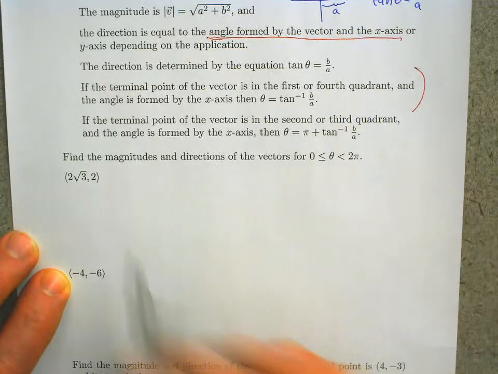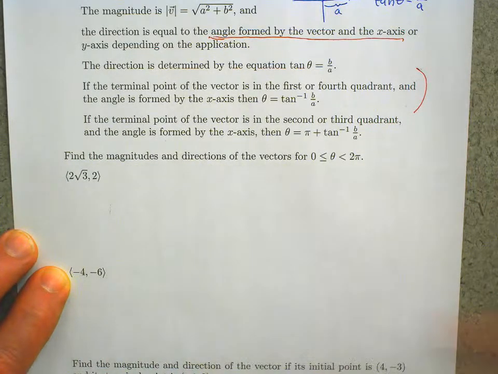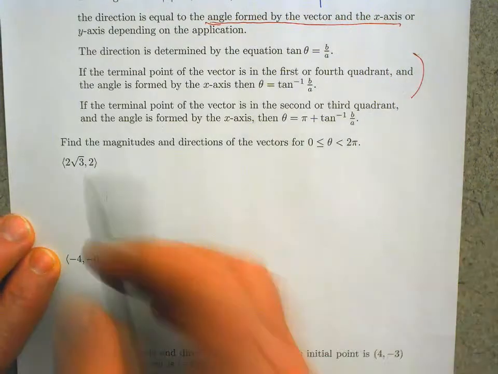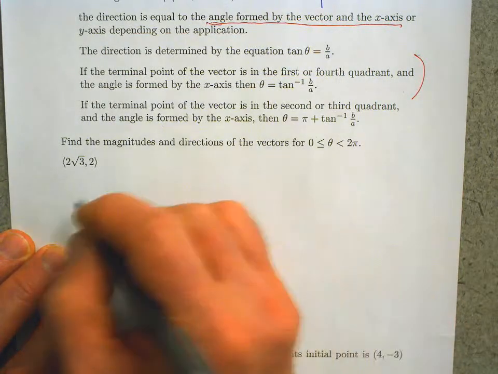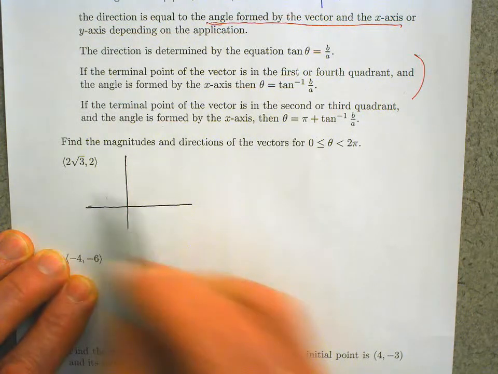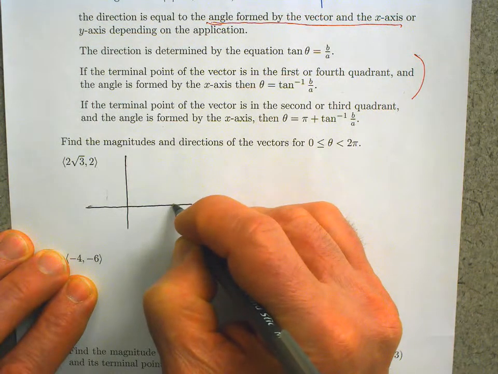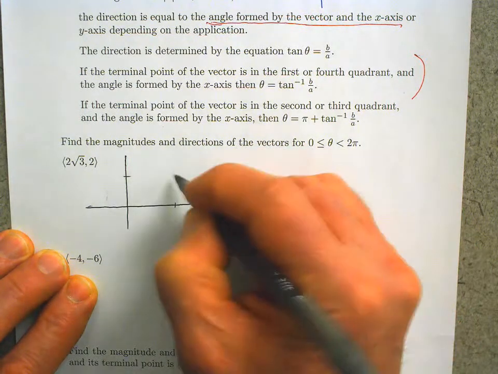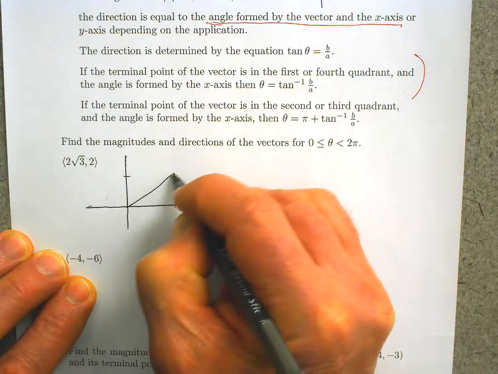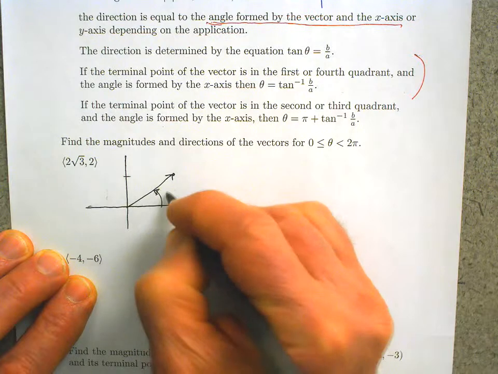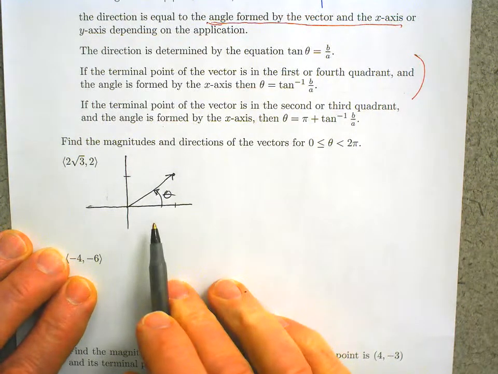Okay, so in this example, let's find the magnitudes and directions of the vectors. The vector in component form is <2 times the square root of 3, 2>, say. We want to find theta, and we also want to find the magnitude.